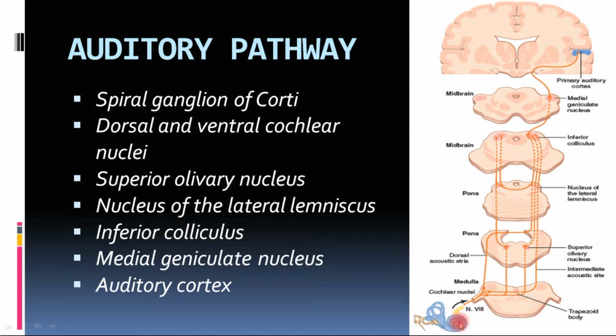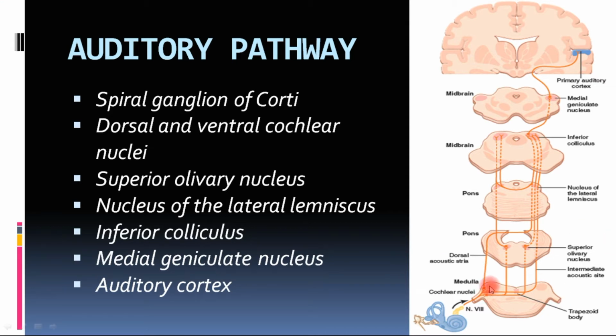Once the signals from the hair cells go to the spiral ganglion, from there they form the cochlear nerve, or auditory nerve, and they synapse in the cochlear nuclei, present in the upper part of the medulla.